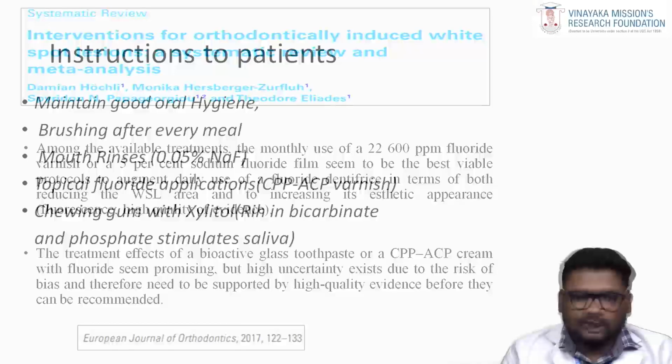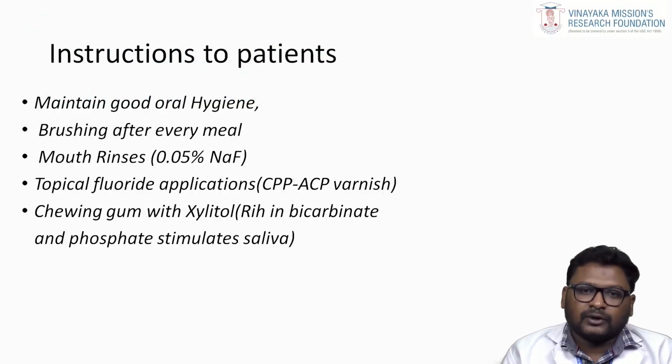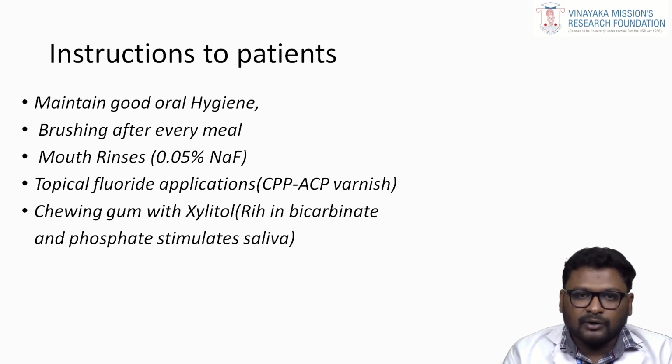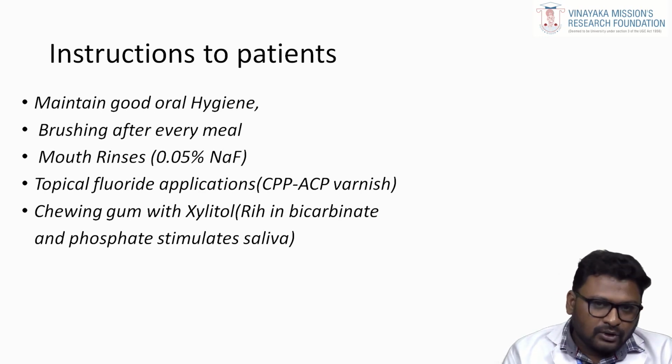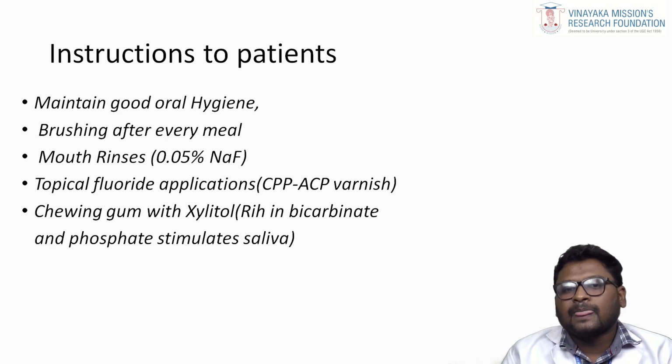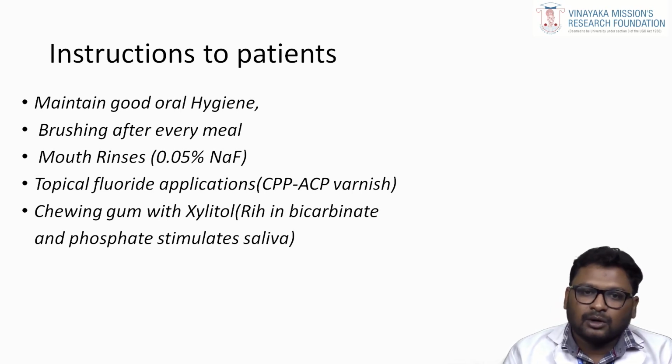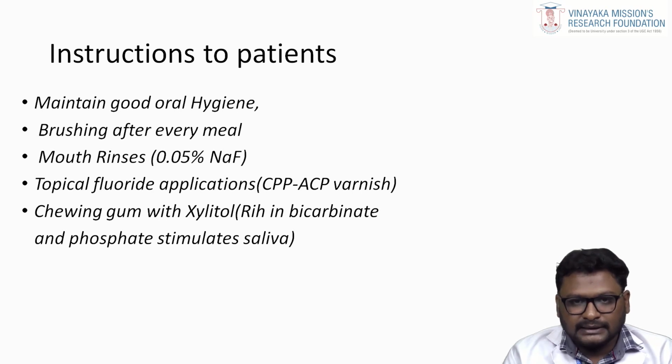So they have advised that usage of fluoridated varnish or fluoridated mouthwash will be beneficial in preventing the white spot enamel lesion. So what are the instructions to be given to patients after starting fixed appliance therapy? First is to maintain proper oral hygiene. That is first and foremost important in every patient, and especially in orthodontic patients it's very difficult to maintain oral hygiene. So we have to advise the patient to maintain proper oral hygiene and proper brushing after every meal, and mouth rinses.